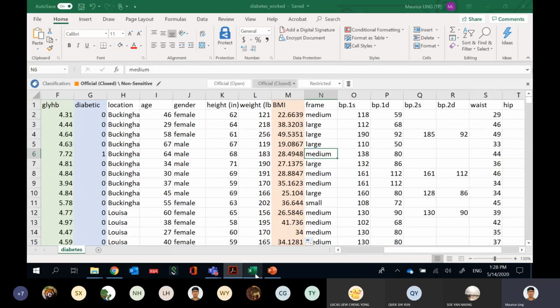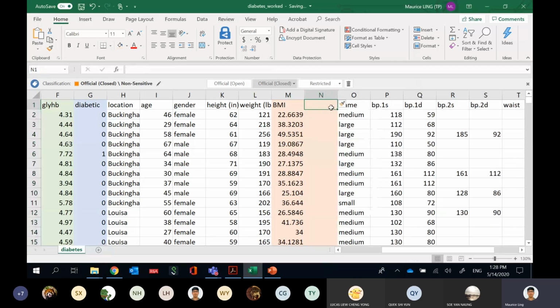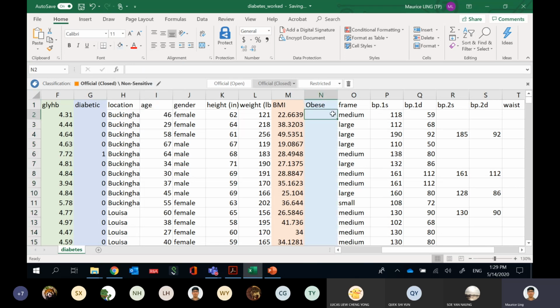So here, I will just insert another column and I call this obese. Change a slightly different color. And my obese is if my BMI is more than 30, then yes, 1 is obese, 0 is not obese.